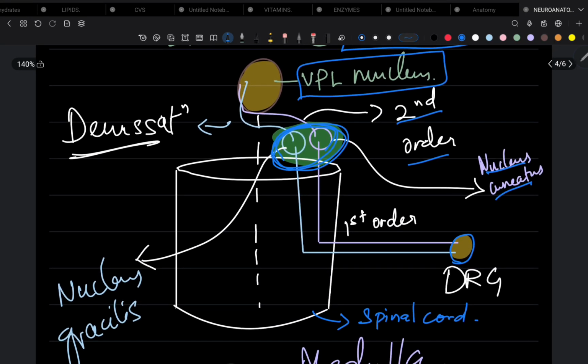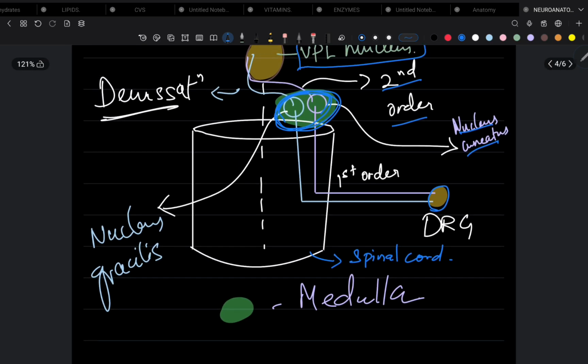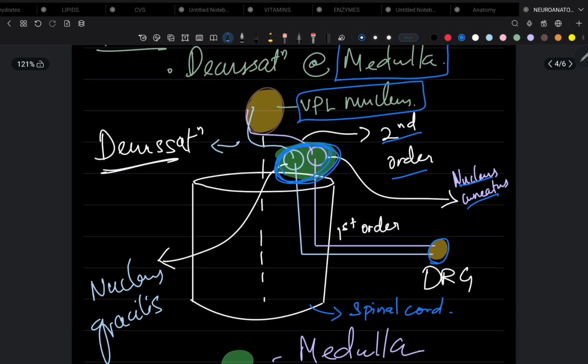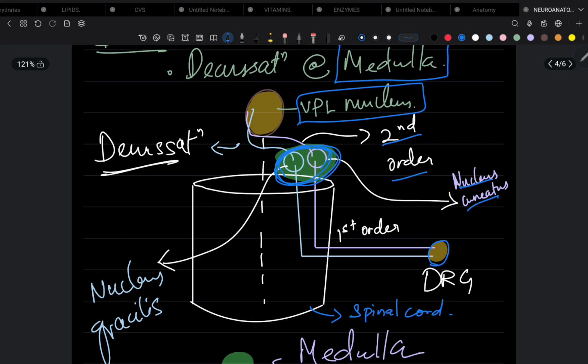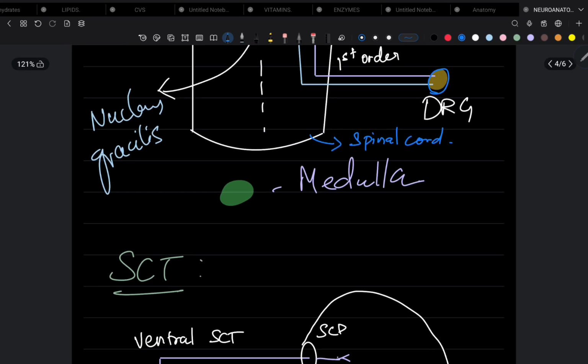And from nucleus cuneatus, the second order neurons arise and they decussate at the level of medulla and relay on the thalamus nucleus. And we have seen what sensations are carried by DCT: fine touch, pressure, conscious proprioception and vibration. So these are the four sensations carried by the DCT.